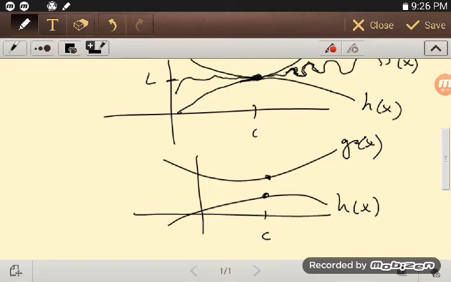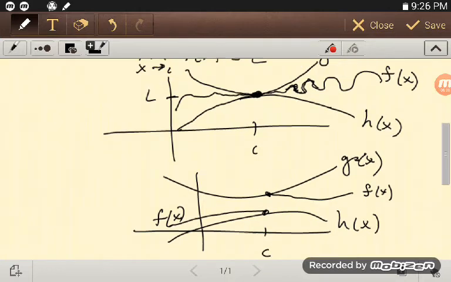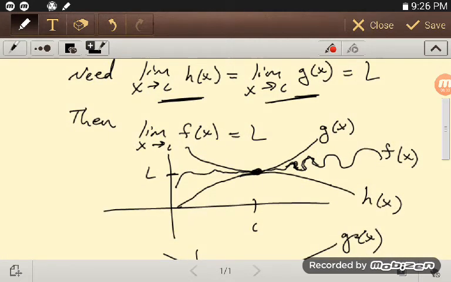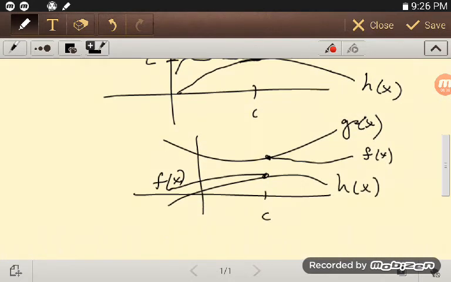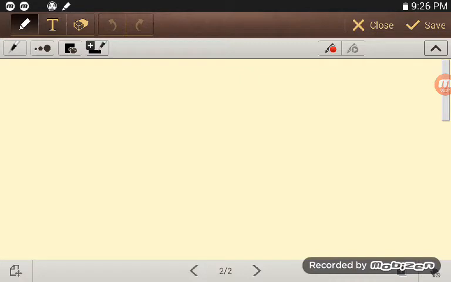It could come in like this, and it could go this way, and one of these would be an open circle for f of x, but then the limit at c doesn't exist. So it's very important that those two functions equal each other. So that's the Squeeze Theorem.